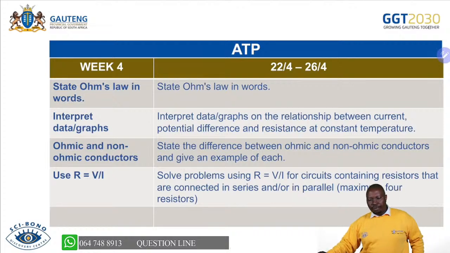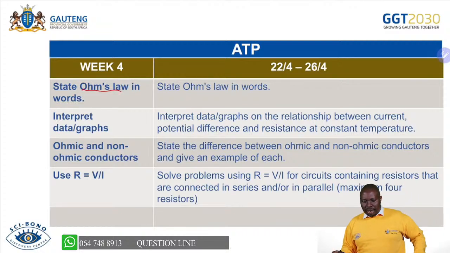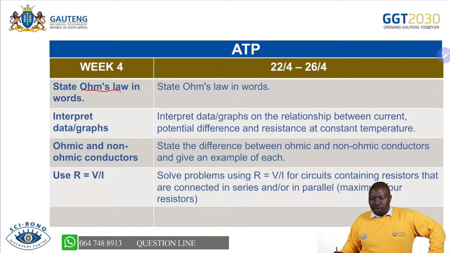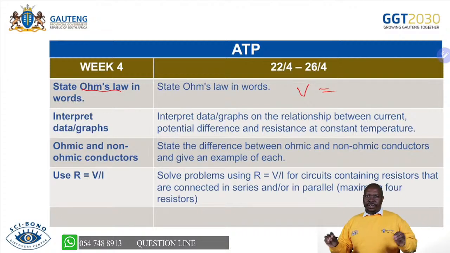You have covered this topic, and if you look at your ATP, you were required to state Ohm's law, which you should know by now. I'm hoping that you know how to state Ohm's law. Remember, it's about the potential difference across the conductor.